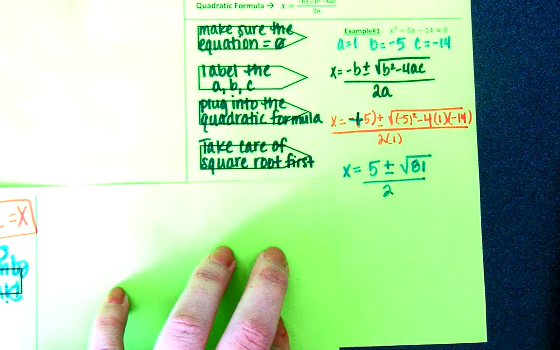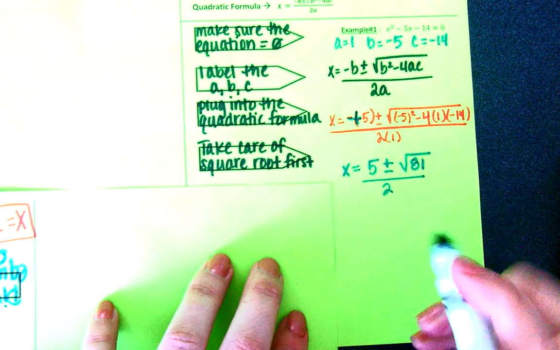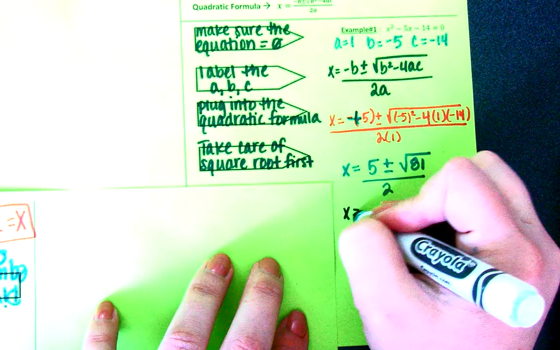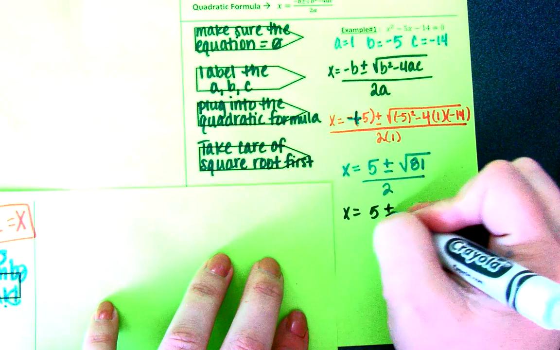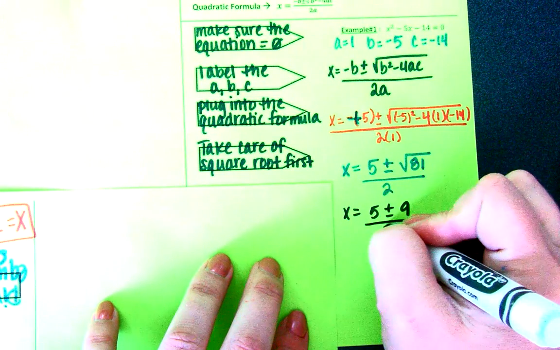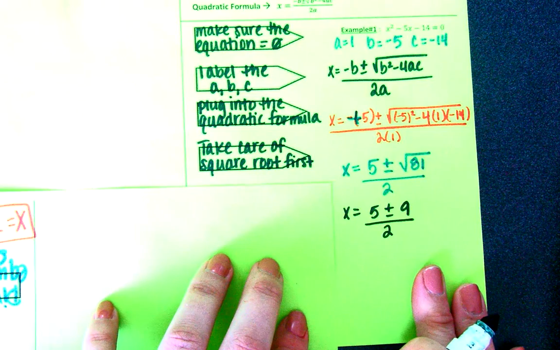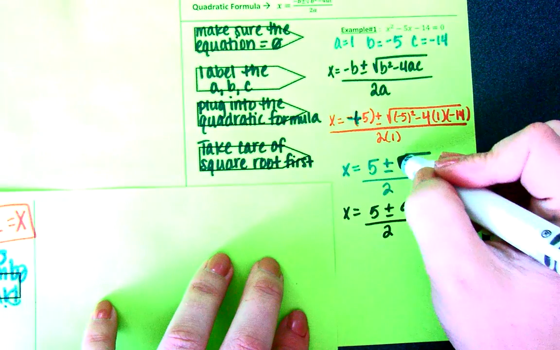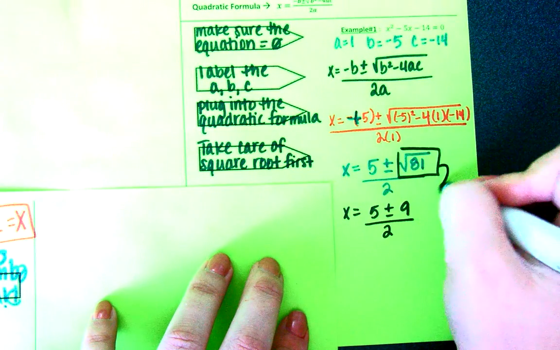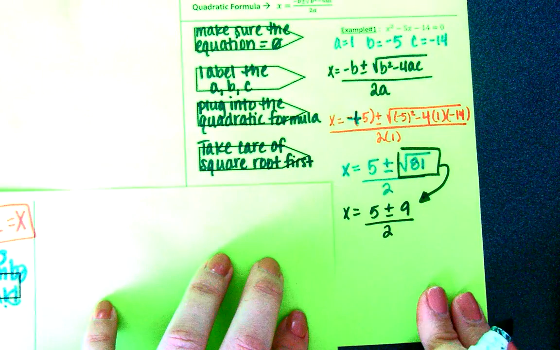And now we find the square root of 81. Well, what times what gives me 81? 9 times 9. So you would rewrite it as x equals 5 plus or minus 9, all divided by 2. So what we did here is we took this square root of 81 and we solved it to get our 9.